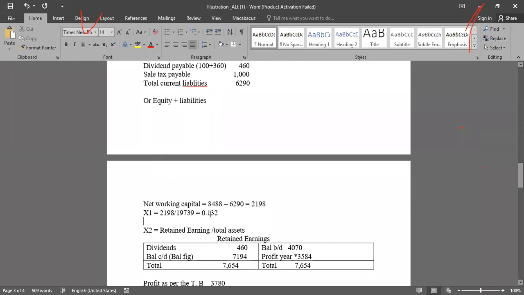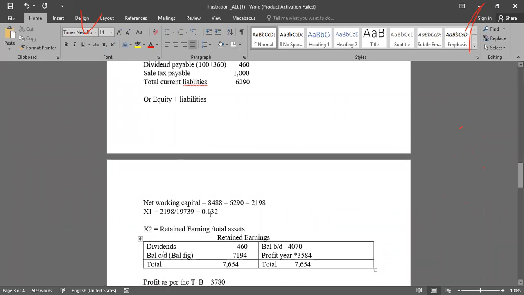This implies that for a single unit of assets, they have 0.1 in working capital. So the ratio of 0.13 is very low for net working capital to total assets. And therefore, management should endeavor to increase their working capital. Okay, that's how you analyze it.